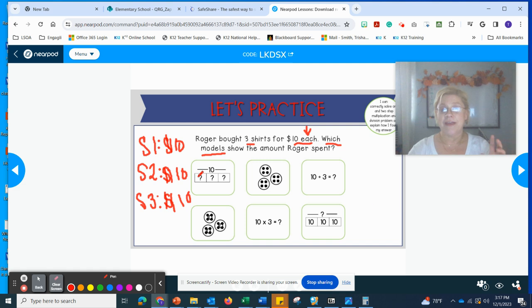We're going to start with this one right here, where the 10 is on the top. If the 10 is on the top, that means that would be our total amount for all 3 of these shirts. We know that's not the total amount for all 3 of those shirts. That's just the total amount for one shirt.